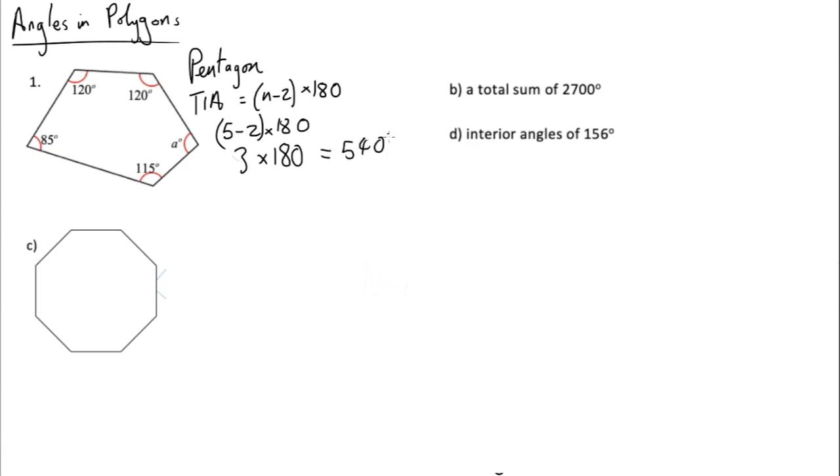Okay, so we've got the total interior angle. Now what we do is we take all of these away from 540 to work out what A is. So A is going to equal 540 minus 120 minus 120 minus 85 minus 115. So if you're lazy like me, do it on a calculator.